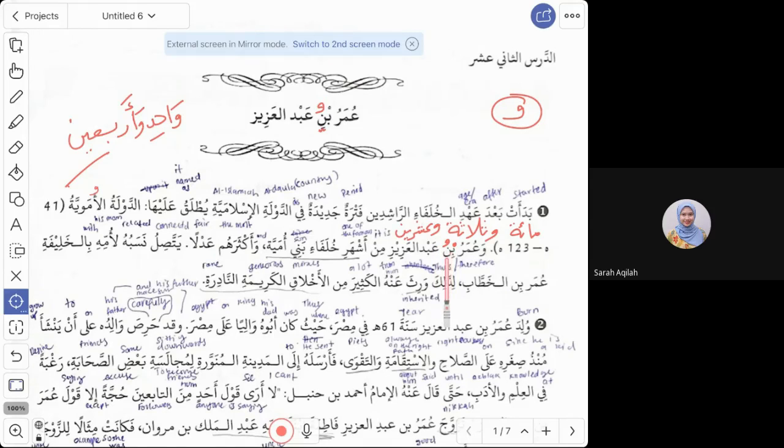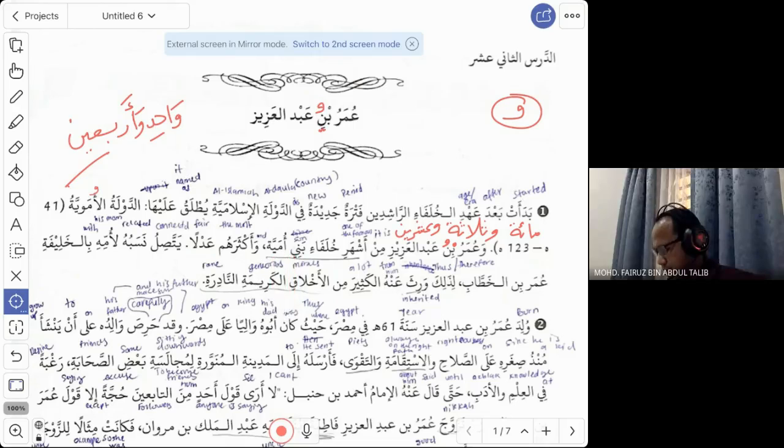So the meaning is: Umar bin Abdul Aziz is one of the famous Khulafa, khalifah, of Bani Umayyah.